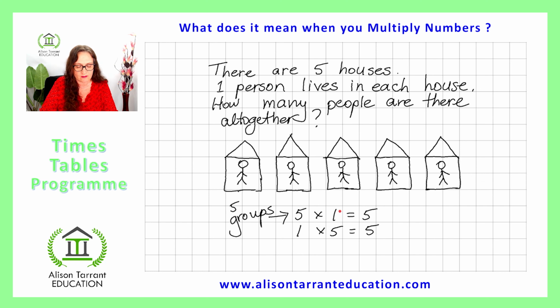And the 1 is the amount in each group. So we just write this, the amount in each group. So we've got 5 groups, which is the 5 houses, 1, 2, 3, 4, 5 houses. 1 person in each house, so that's 5 groups of 1 equals 5.